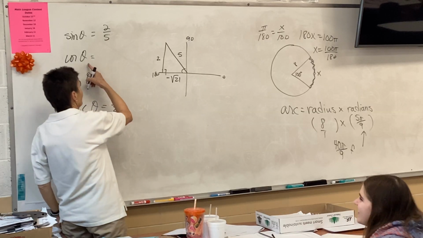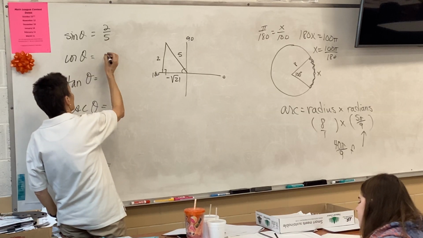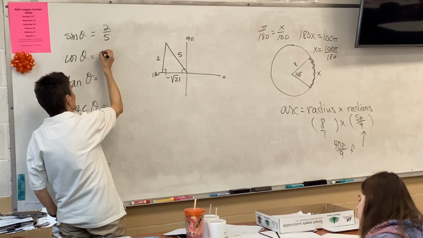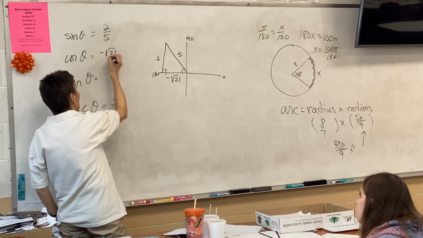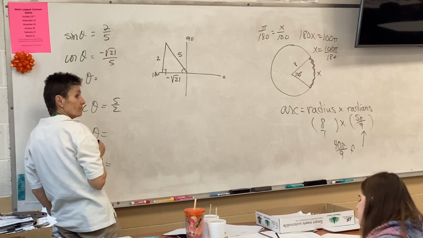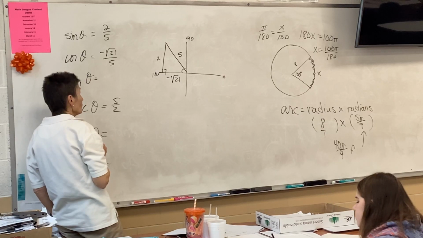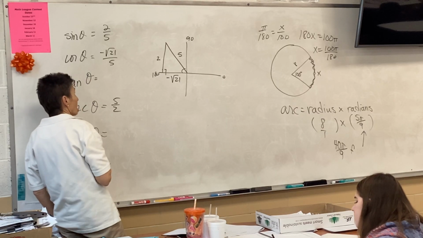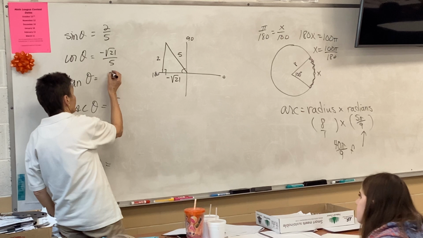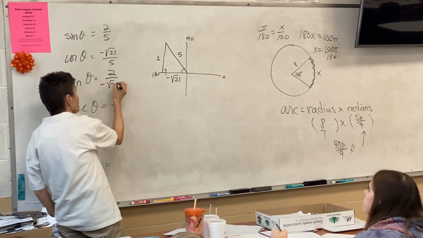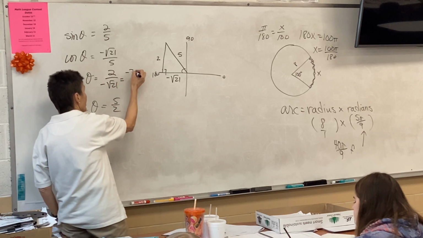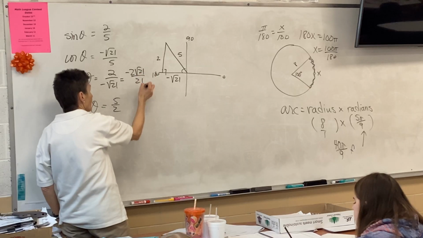What's cosine? Negative root 21 over 5. What's tangent? Yeah, 2 over negative root 21, or negative 2 root 21 over 21.